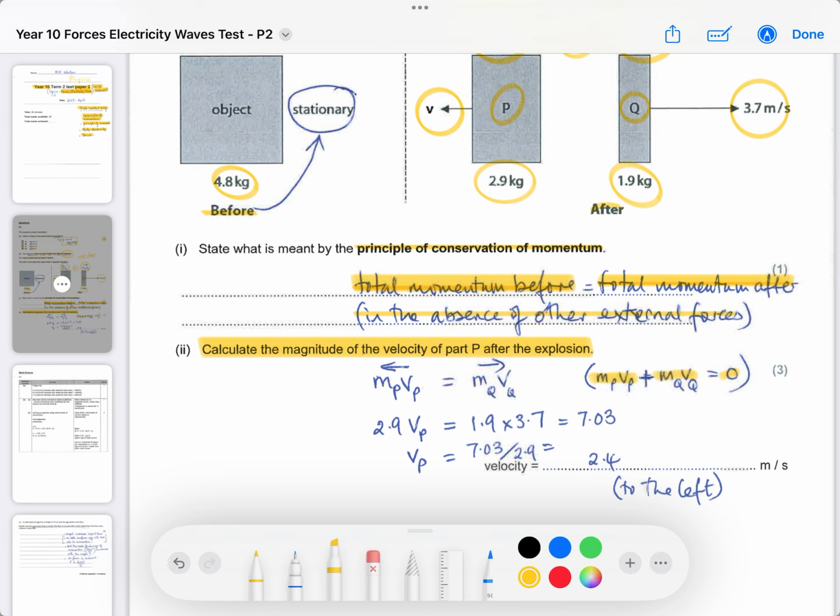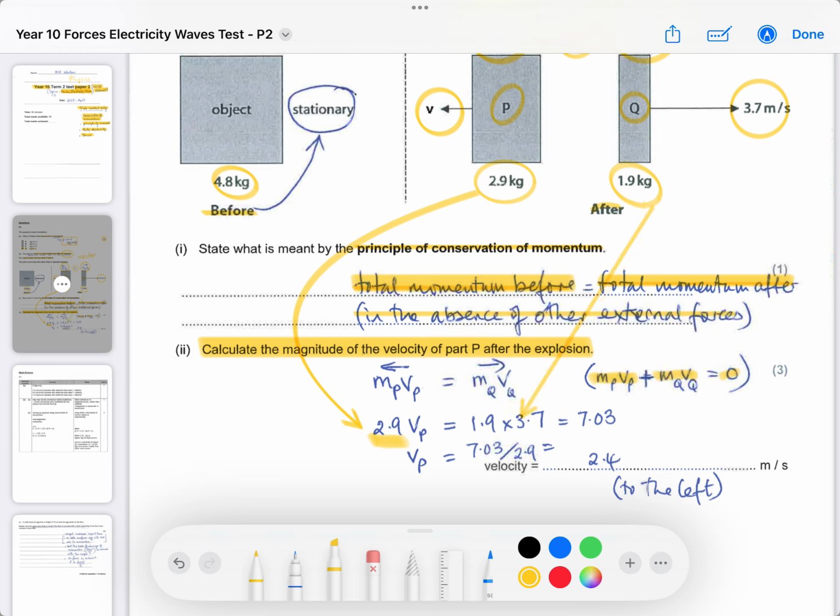So we know the mass of P is 2.9. So the mass of P is given here. And I don't know the velocity of P, so I've put V as velocity of P. We know the mass of Q is 1.9.